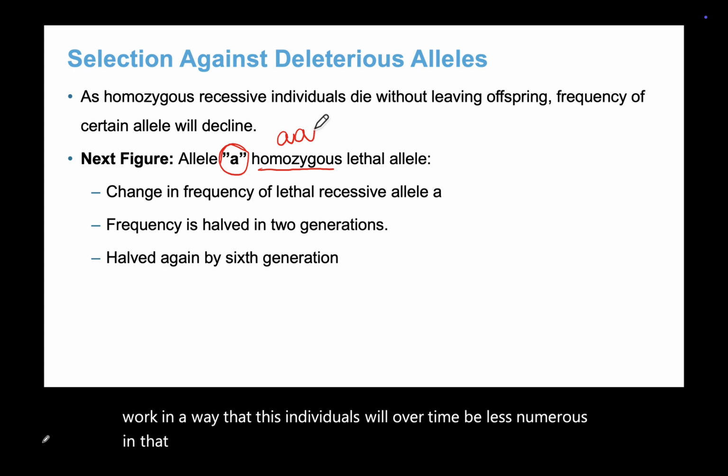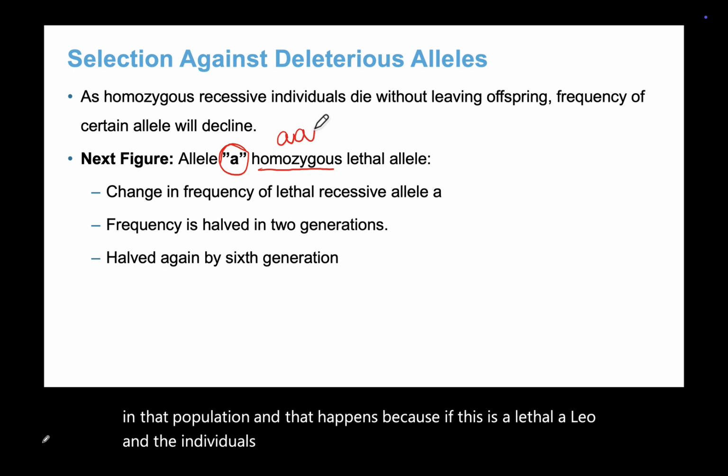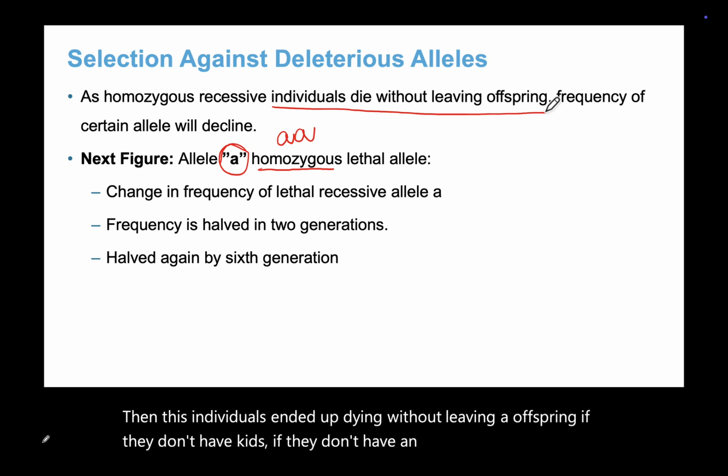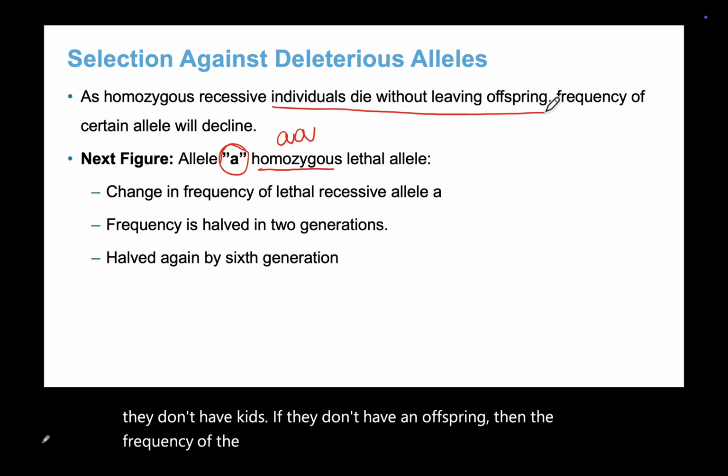And that happens because if this is a lethal allele and the individuals are homozygous, then these individuals end up dying without leaving an offspring. If they don't have kids, if they don't have an offspring, then the frequency of that allele starts decreasing generation after generation.